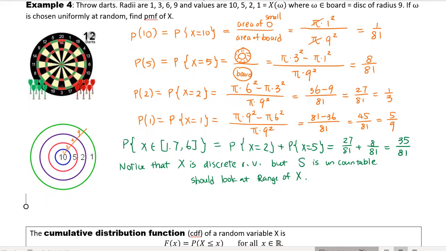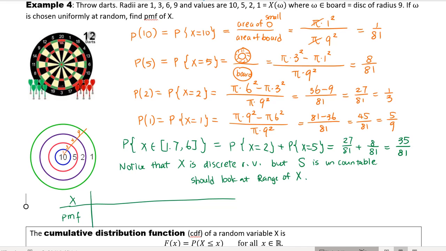Okay, so here we can also draw a table to indicate this PMF. So this is the PMF, and we have the x values.